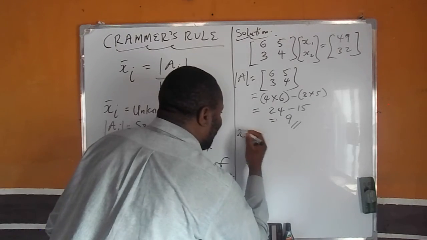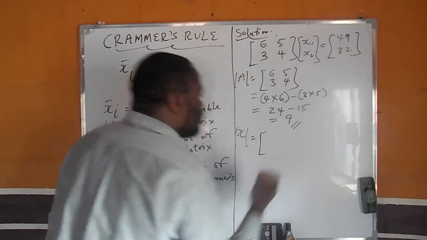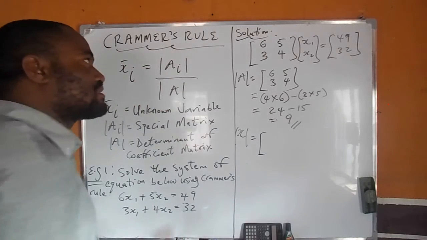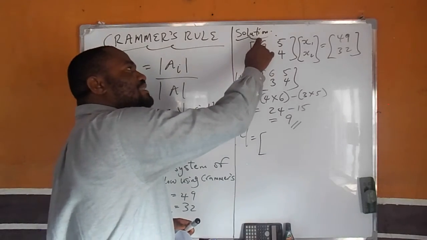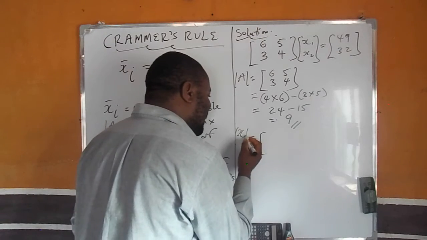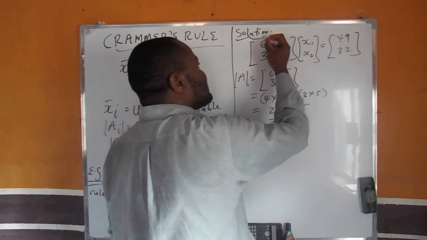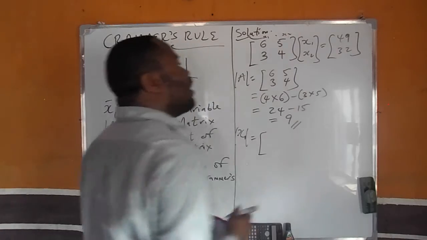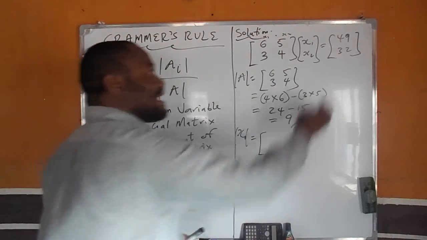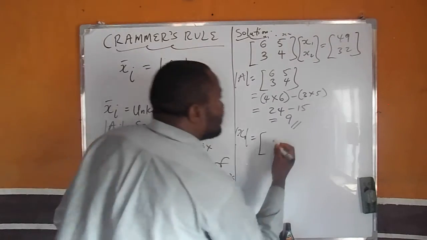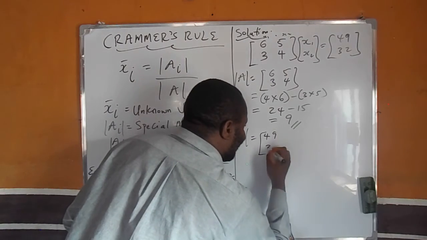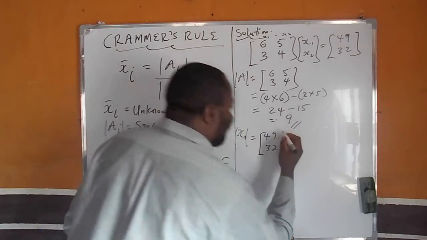Then the determinant of x1: the 6 and 3 here represent x1, and this one represents x2. You have to replace the x1 column with the answer values, which are 49 and 32, then we have 5 and 4.